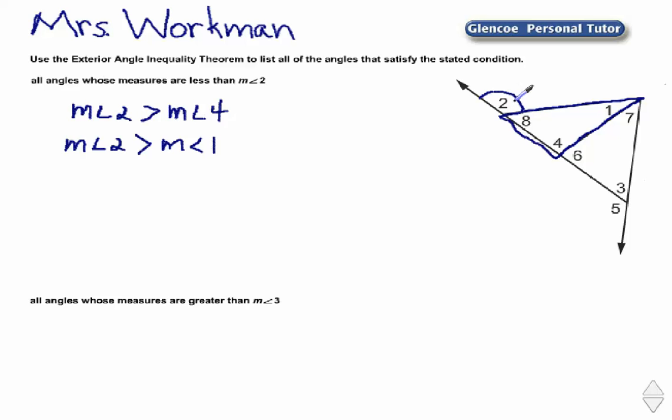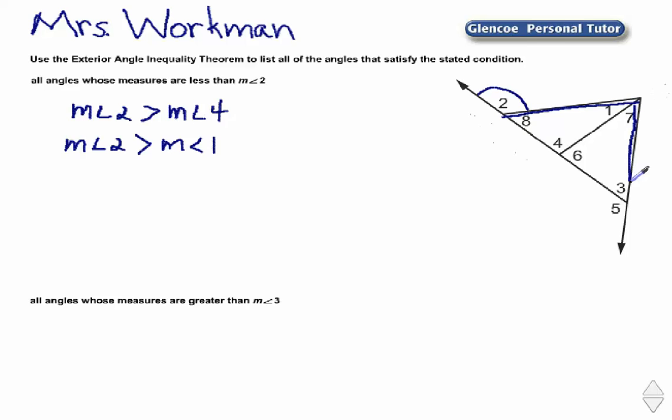Let me erase this. Here's angle 2 again. This time, let's consider the large triangle.